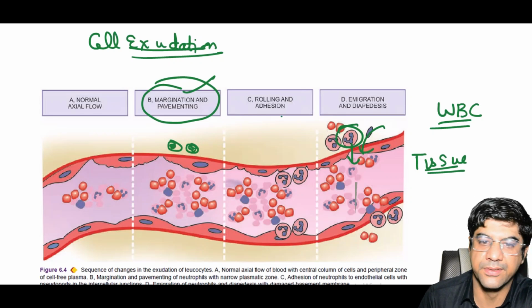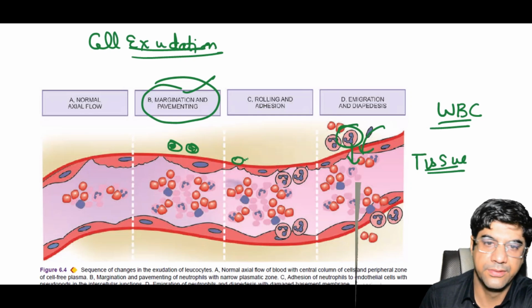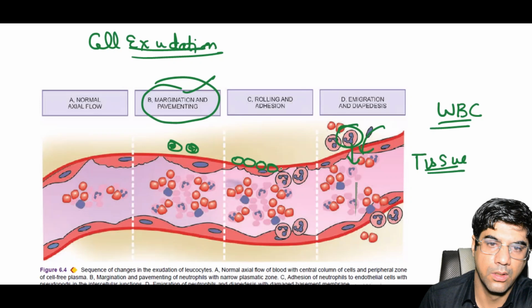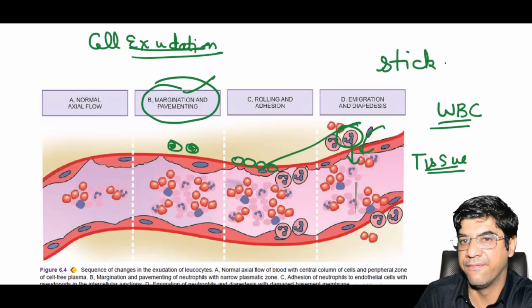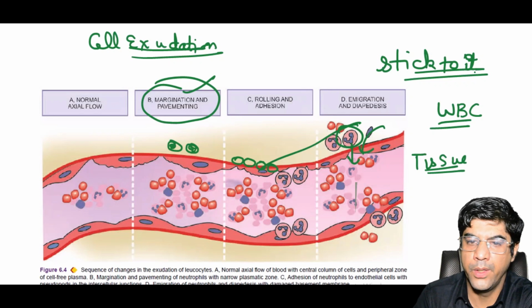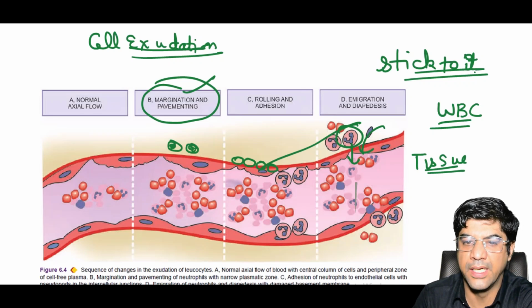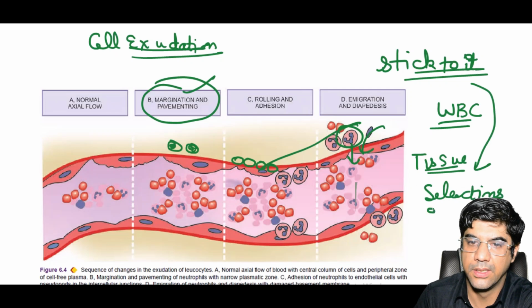The third process is rolling and adhesion. These leukocytes start to roll along the vessel and then finally stick to it. So what do you think helps leukocytes stick to the vessel wall during inflammation? Remember that there are molecules like selectins and integrins.